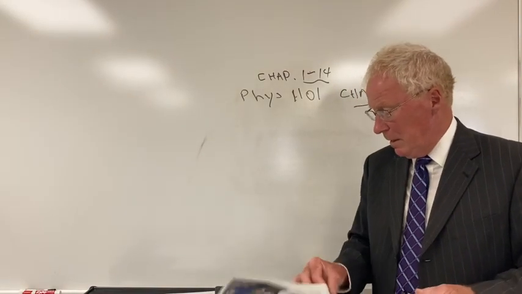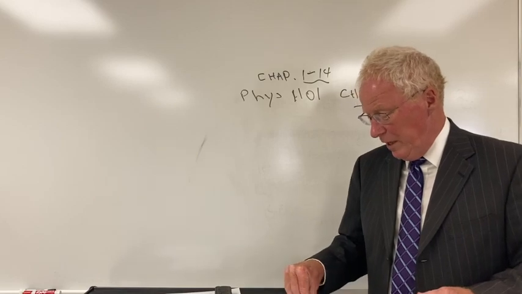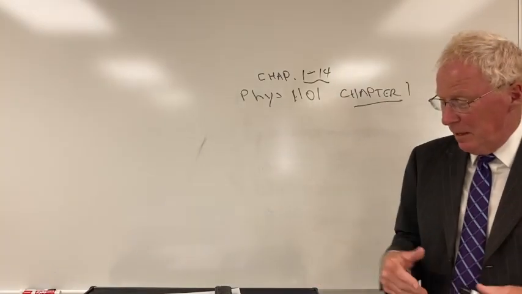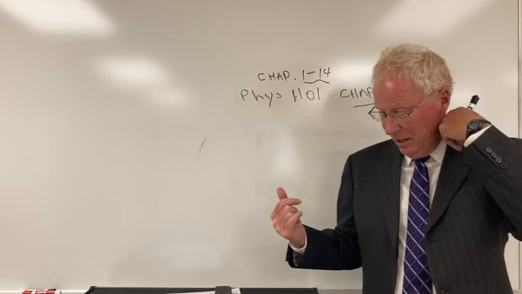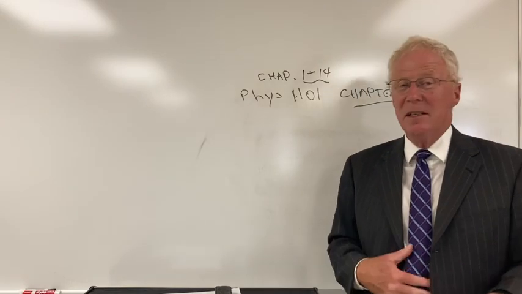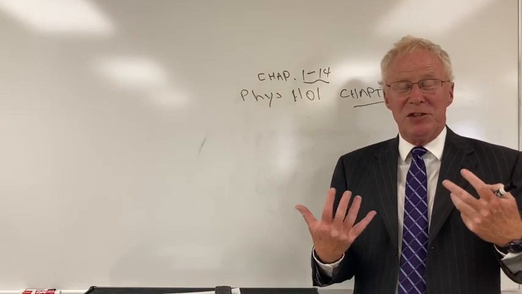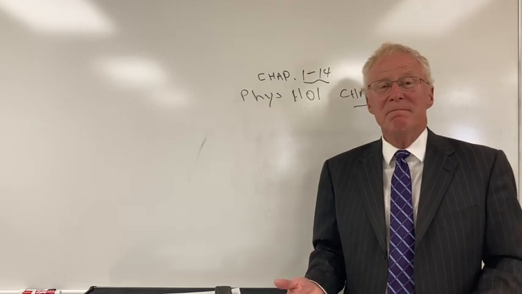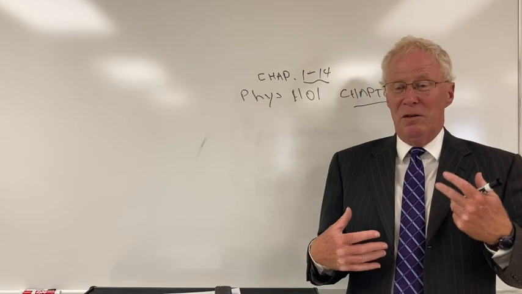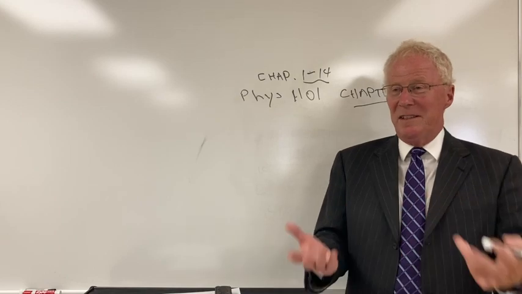So what we'll be getting into is a little bit of the nature of science, as far as what the basis is. Science is all based on observation, and from there you take measurements, you take data.